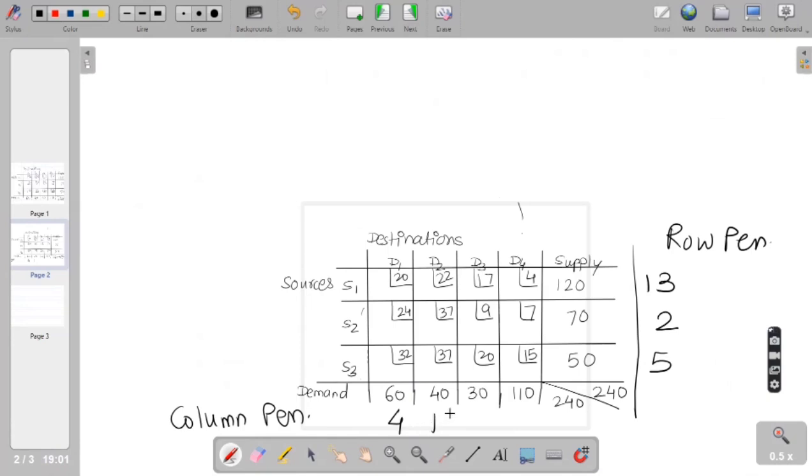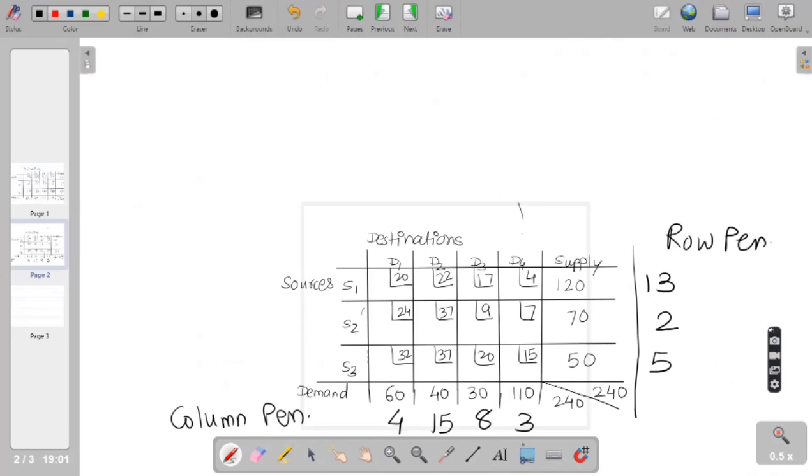So the difference between them is 15. Third column, similarly, 9 and 17, the difference is 8. And the fourth column, the smallest entry is 4 and the next smallest entry is 7. So the difference is 3. This is how we have calculated the first set of all penalties.